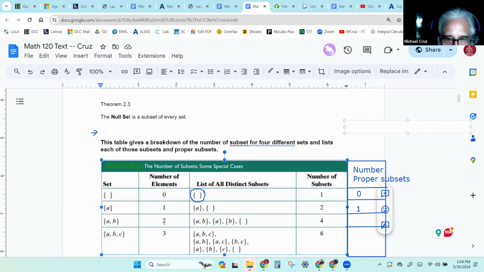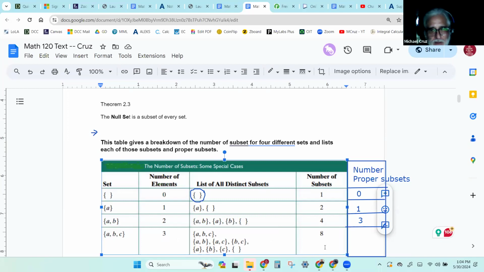All right, so on this one, 2 to the second power is 4. And so we're going to take out the one that's just like it. So in this case, it's going to be 3. And this is like the one that I answered earlier. There's 8 distinct subsets. So we would throw out one of them.